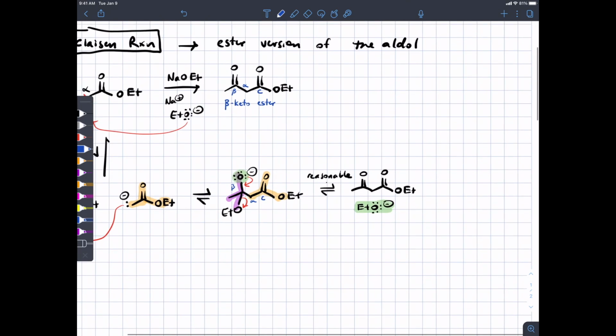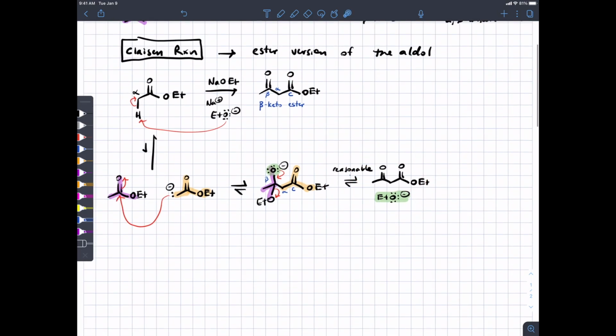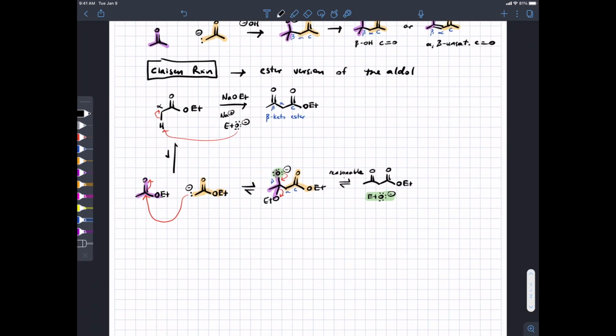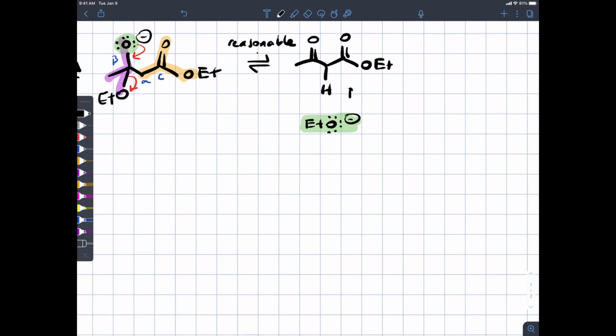Instead, it's a beta keto ester because we have a ketone on the carbon that's beta to the ester. In practice, I'm fine if you want to stop the mechanism here, though your book points out something that happens and it actually explains why this reaction is irreversible. So keep in mind, and I will just show you this for your enrichment, you wouldn't have to show this mechanism, but keep in mind that a proton alpha to two carbonyls has an unusually low pKa of about 13.